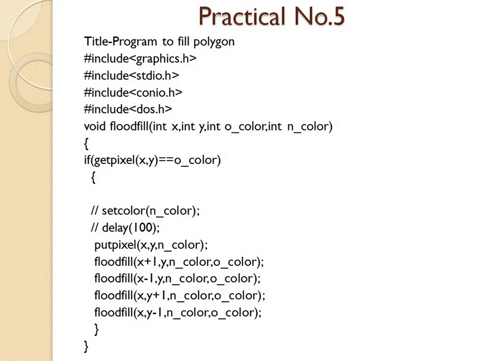So in the flood fill algorithm, the pixels are checked for a specified interior color instead of the boundary color, and replaced by a new color. It can be done using the 4-connected and the 8-connected region method.